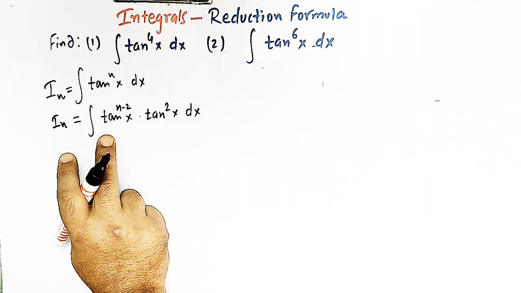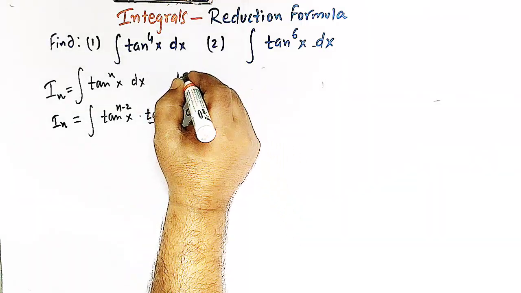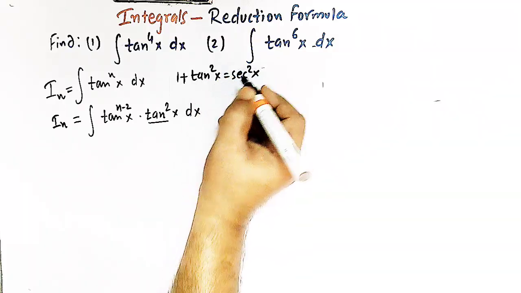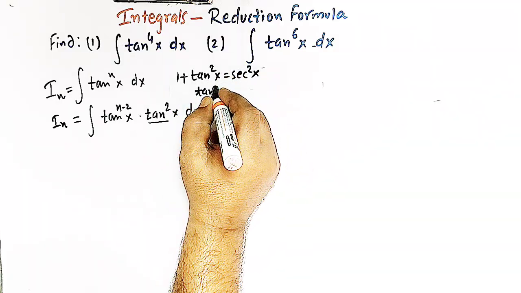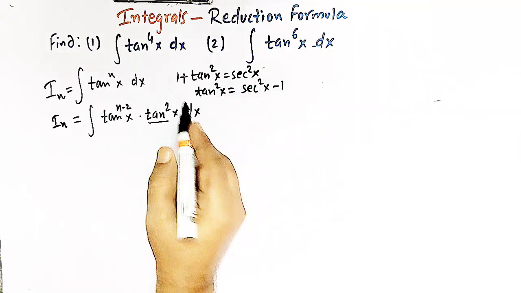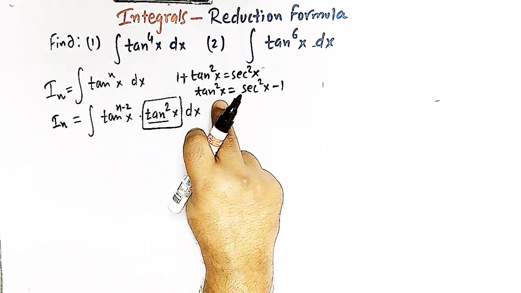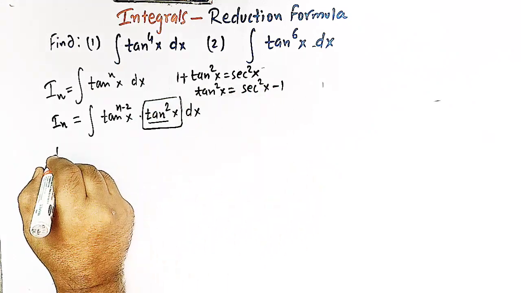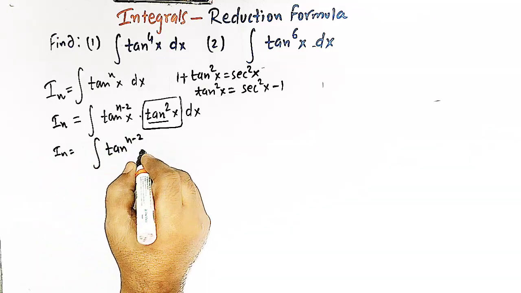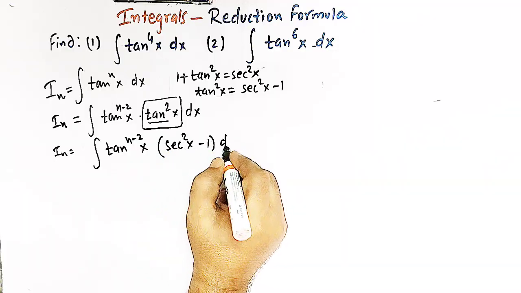So now let us make use of an important trigonometric identity, that is 1 plus tan square x is equal to secant square x, and we can now write tangent square x is equal to secant square x minus 1, right? So now we can replace this tan square x by secant square x minus 1. So we have now integral tan n minus 2 x, and here we have secant square x minus 1 dx.